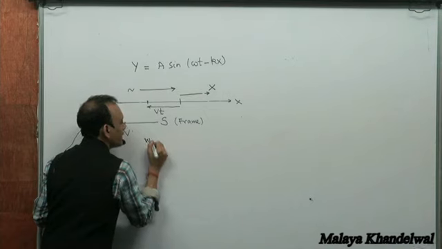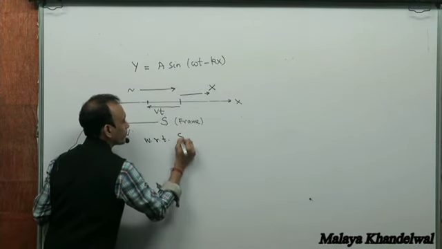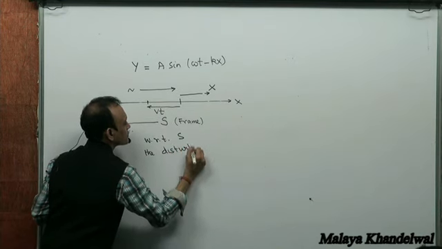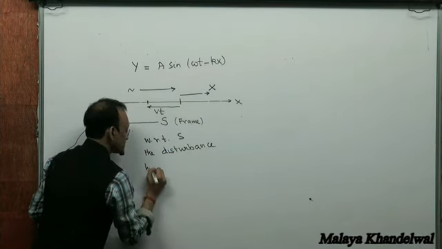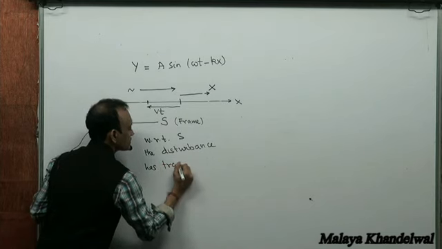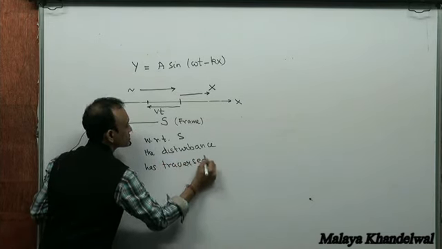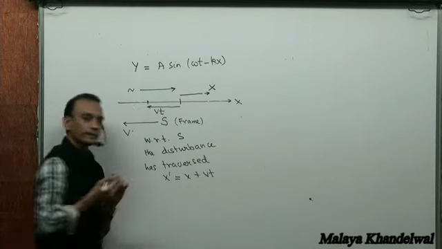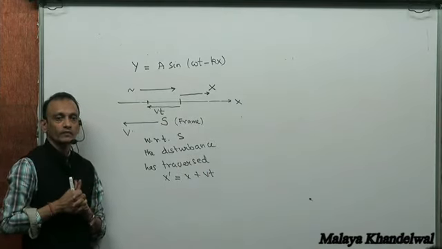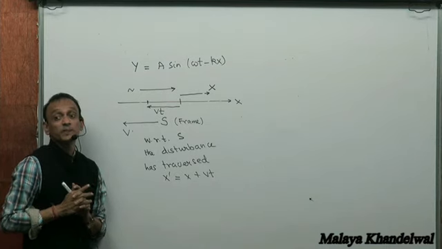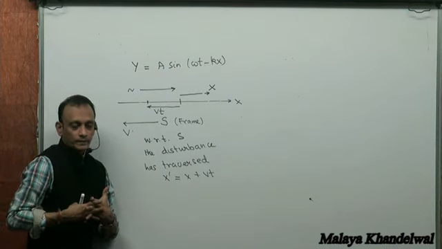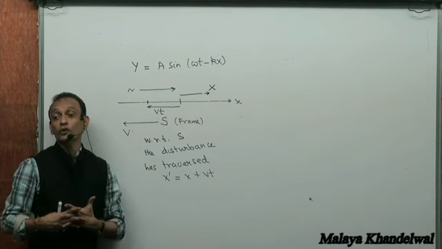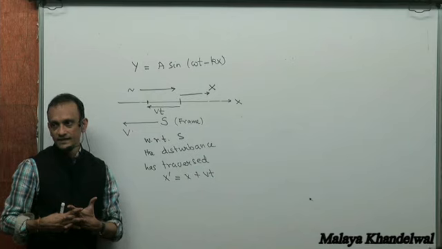With respect to the frame, the disturbance has traversed x prime, which is x plus vt, right? x prime is the distance traversed with respect to S, right?